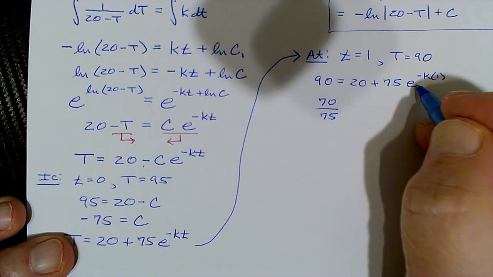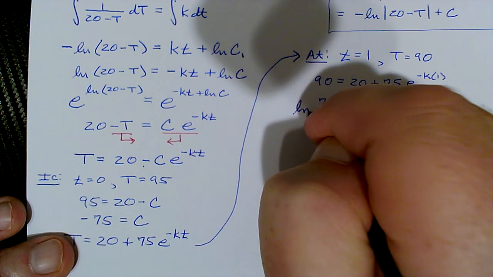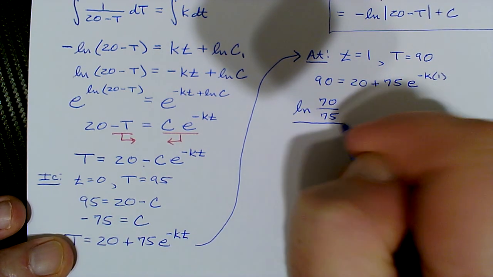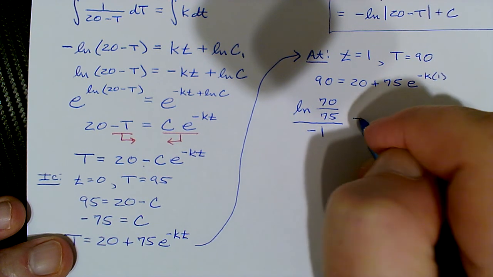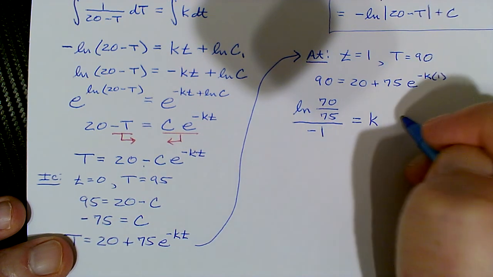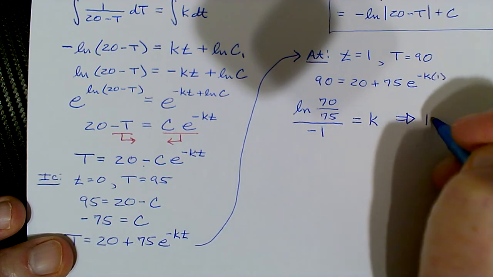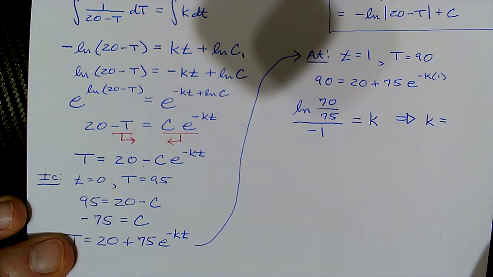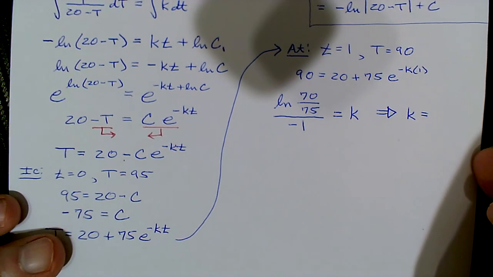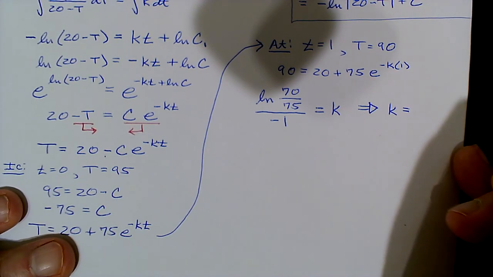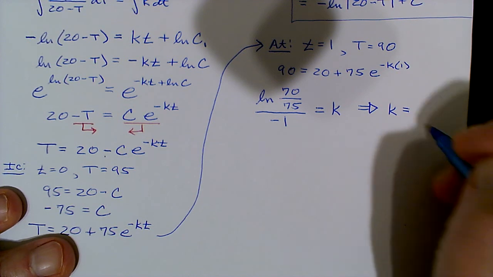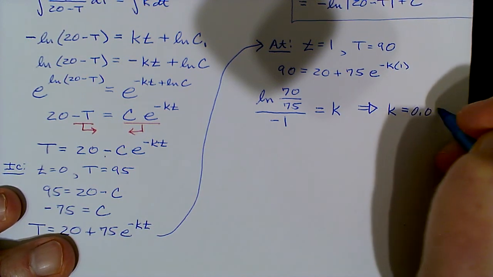To undo the e, we'll take the natural log, but then we're going to divide by this negative 1. And that'll give us the value of k. Okay, so if you need to, look back at the steps involved in the last example. And this gives us a value of k of 0.067.